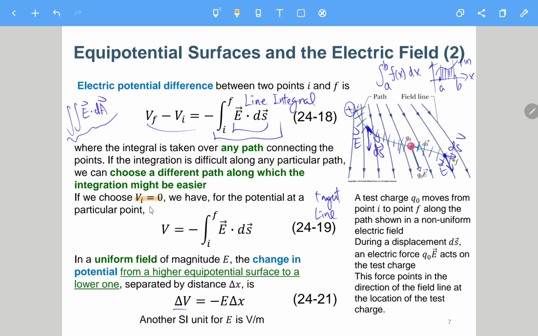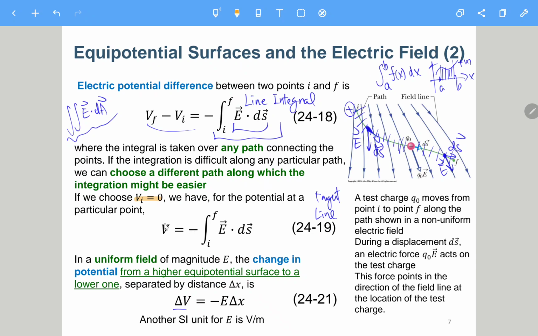You can choose Vi to be an arbitrary value. If you want to make it easy, make Vi 0, then Vf will be V, or V equals Vf minus Vi. It's still okay. It just depends on how you see it.